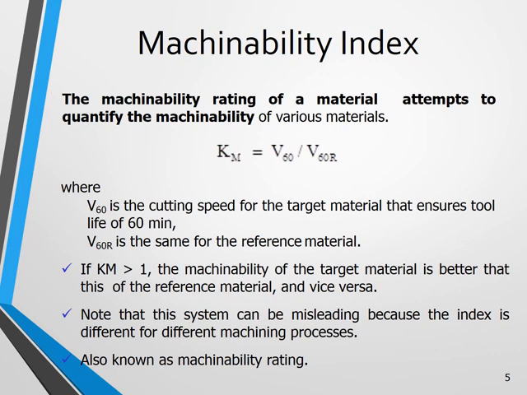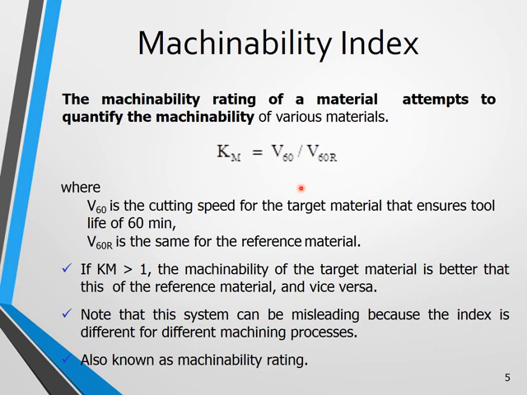Now, how to calculate this machinability rating or machinability index? Here is a simple formula for that: Km is equal to V60 upon V60R. Now we have two new terms, V60 and V60R.